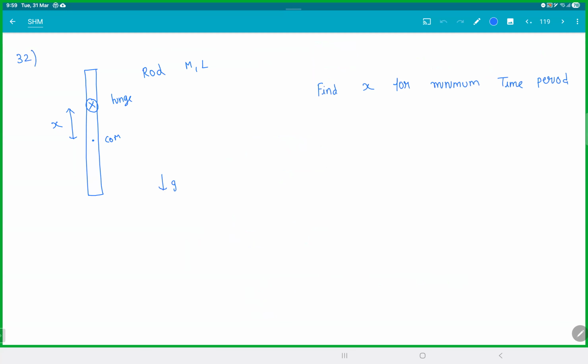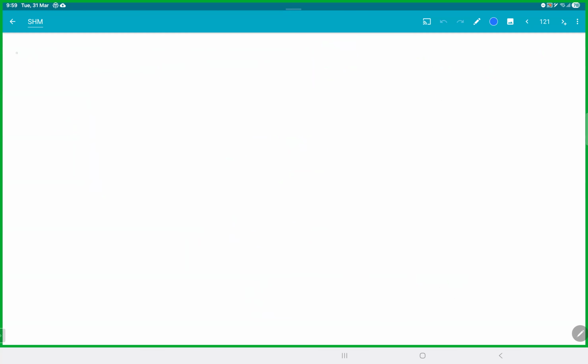So let's see one more. Half ring. This is hinged here. Again, just like your calendar, mass and radius are given.